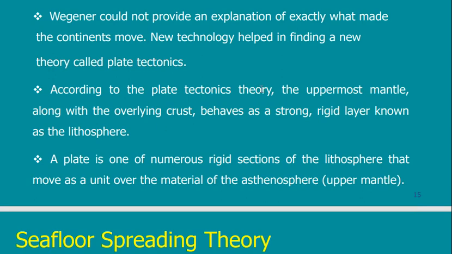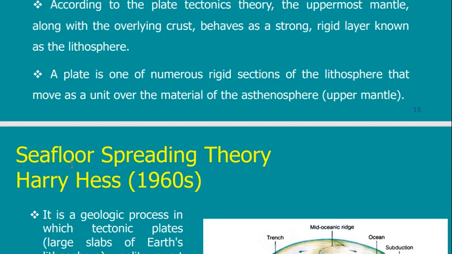According to plate tectonics theory, the uppermost mantle along with the overlaying crust behaves as a strong rigid layer known as the lithosphere. This is something that we've studied in the previous lecture. A plate is one of numerous rigid sections of the lithosphere that moves as one unit over the material of the asthenosphere. We now know the layers from the previous lecture.